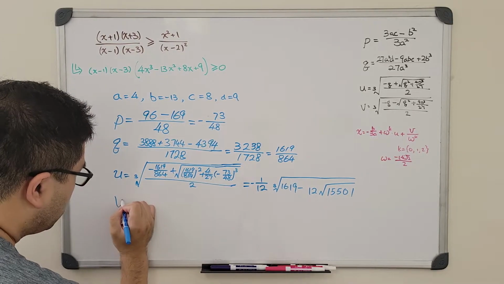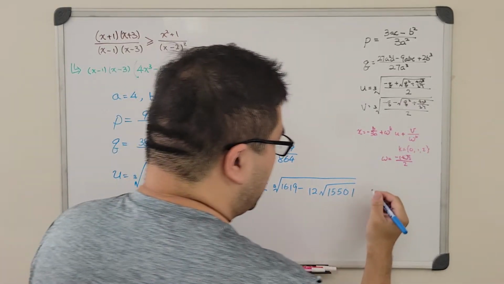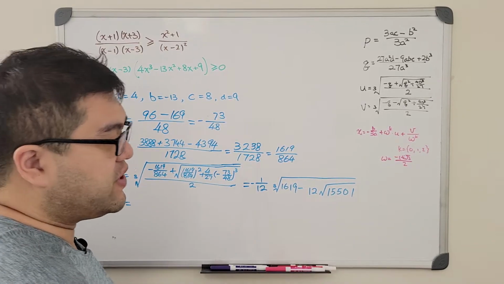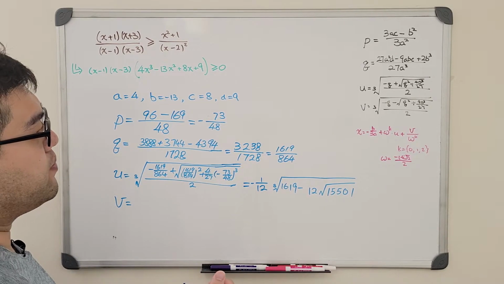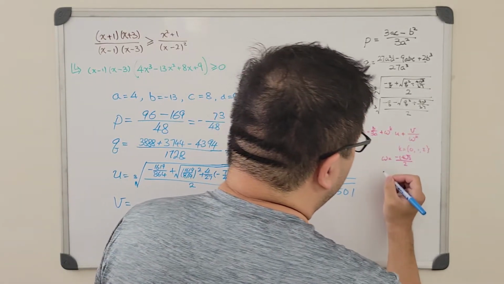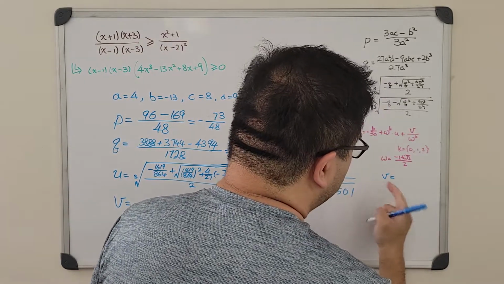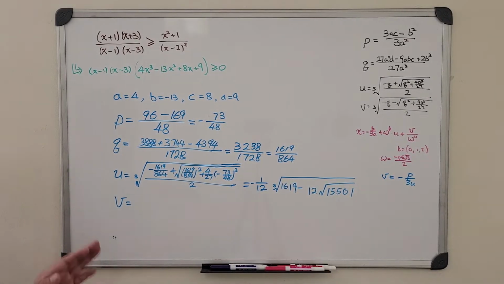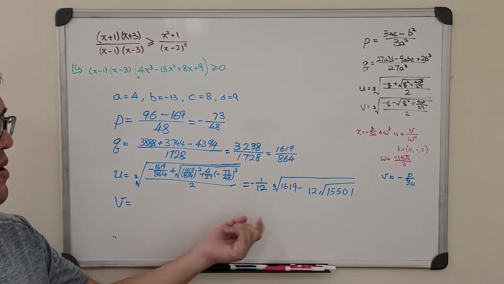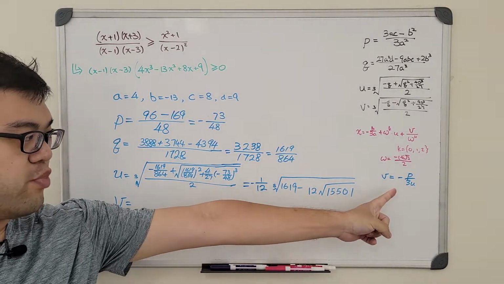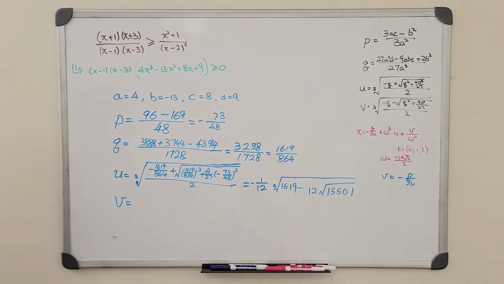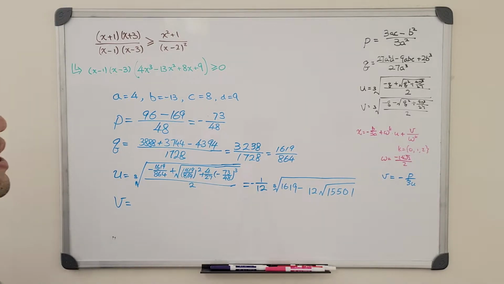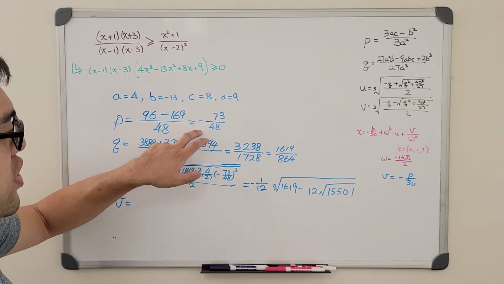V, we can actually do the similar thing. But recall that the product of uv, or u times v, is actually equal to negative p over 3. So we actually can use the relation v is equal to negative p over 3u. And then, instead of doing the calculation one more time, we can just take this value and put it back in here. So what are we going to get? We now get the following. Now, remember that p is actually this value.